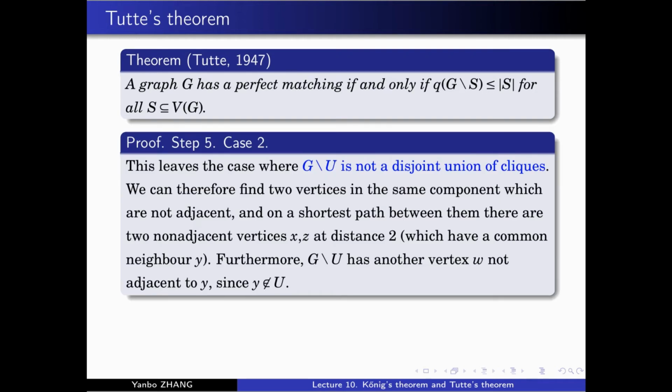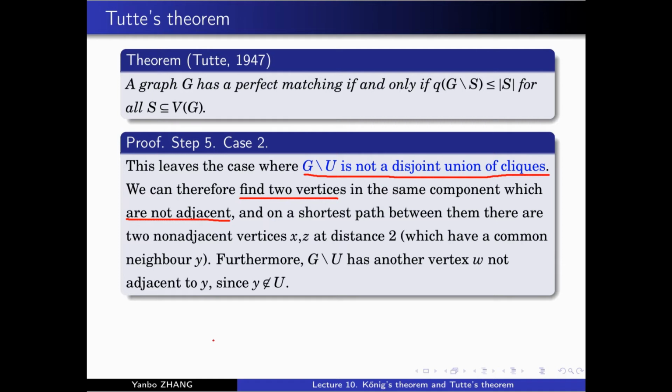The next case is G minus U is not a disjoint union of cliques, of complete graphs. At least one component is not complete. We can therefore find two vertices in the same component which are not adjacent.